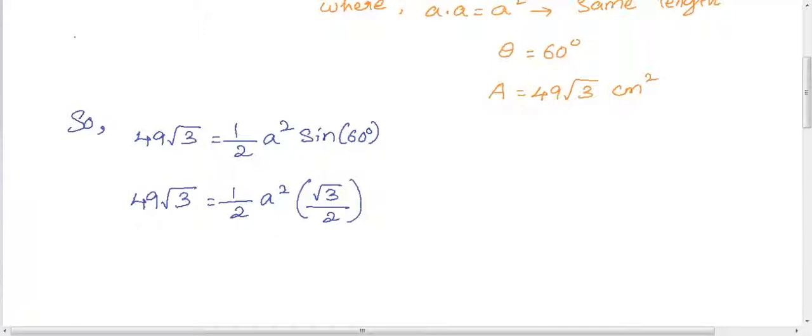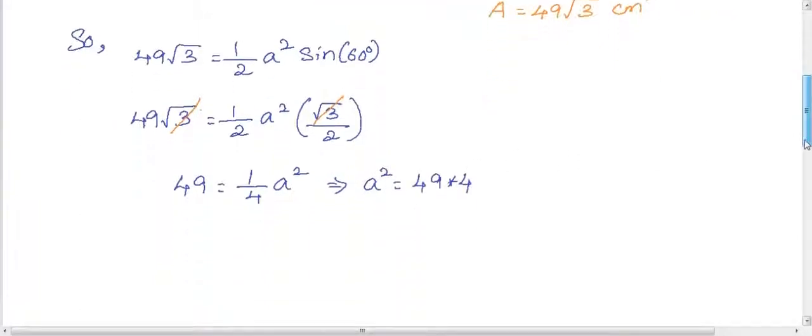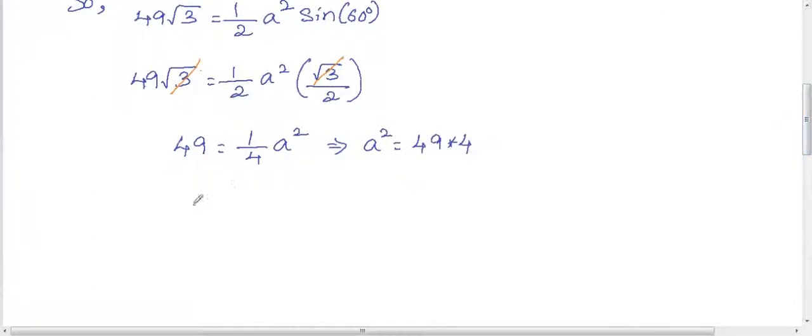Now we have root 3 on both sides, so just cancel that root 3, and we have 1 by 2 and 1 by 2, which becomes 1 by 4. So 49 is equal to 1 by 4 into A square. If you move that 4 to this side, we'll get 49 times 4. So A square is equal to 49 times 4, which is 196.